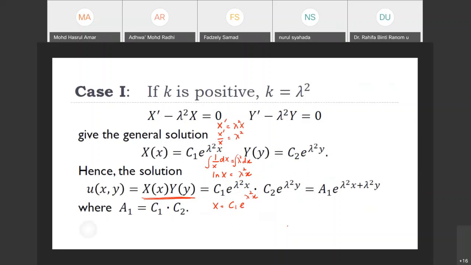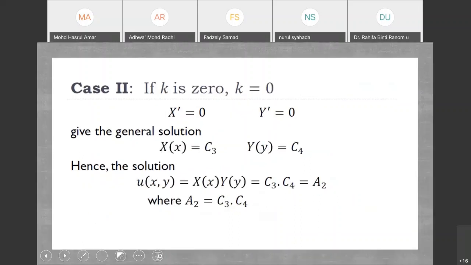k is positive. Alright, move to when k is 0, then X prime equal to 0, Y prime equal to 0. Alright, this is simply a constant. Okay, when you solve the derivative, we have just dX. Okay, nak dapatkan X, you integrate lah. Integrate sebelah kan.